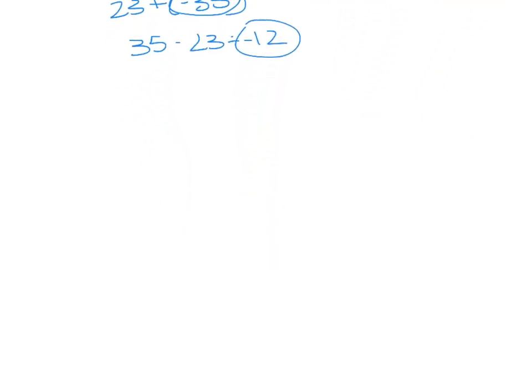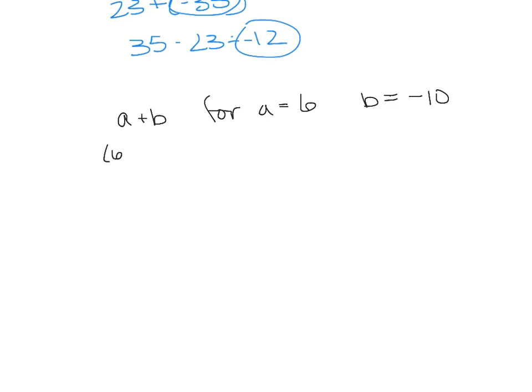So, evaluating. Next problem says that we're going to evaluate A plus B for A equaling 6 and B equaling negative 10. Whenever we evaluate, whenever we put a number in for a variable or a number in for a letter, we put it in parentheses.